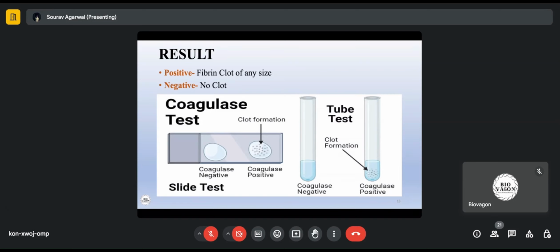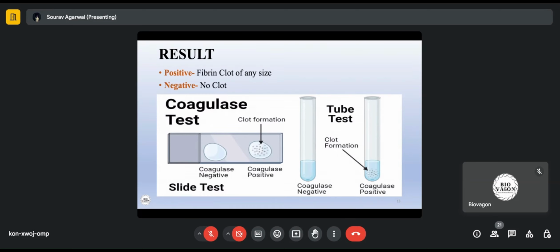If we still see clumping in that suspension, that means our organism is not showing coagulation due to the plasma, not because of the coagulase enzyme. It is showing agglutination due to its normal metabolism. That is what we call auto-agglutination. Even without the release of coagulase enzyme, it is going to show agglutination. Understood?